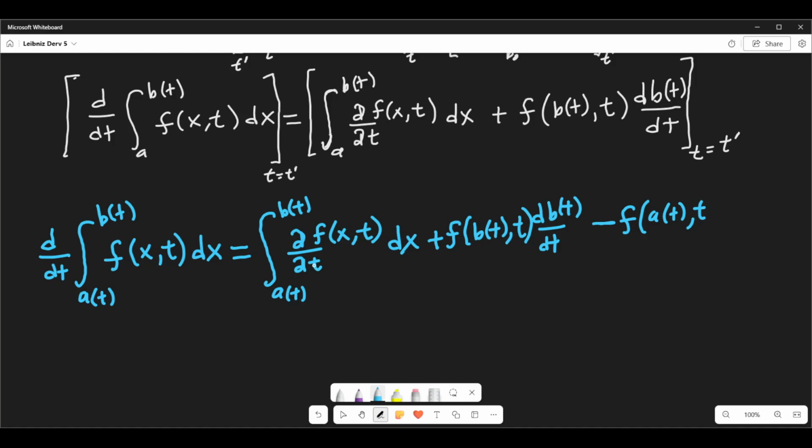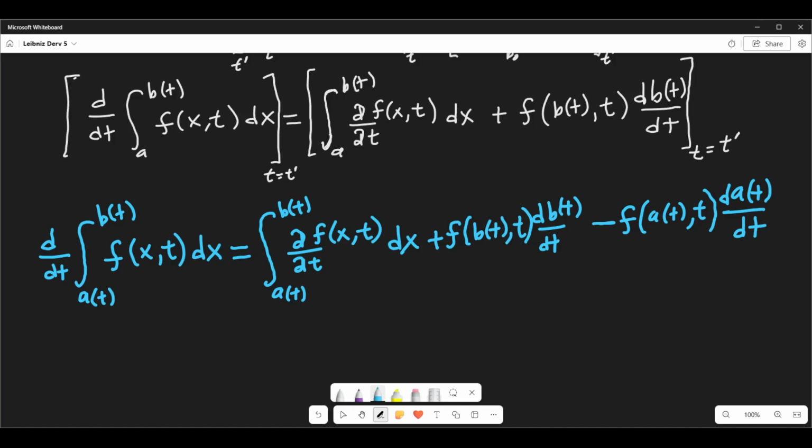And this could be derived in pretty much exactly the same way as the other boundary condition. The only thing that's going to change is the sign. So that's basically the 1D Leibniz equation.